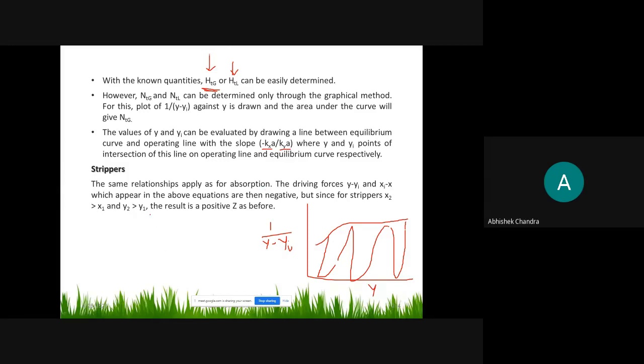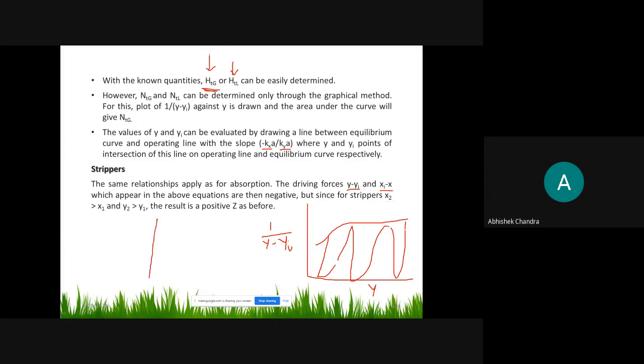In the stripper, the same relationship applies for the stripper also, and the driving force here, 1 minus yi and xi minus x, which appear in the above equation, are then negative, but since for the stripper x2 is greater than x1.